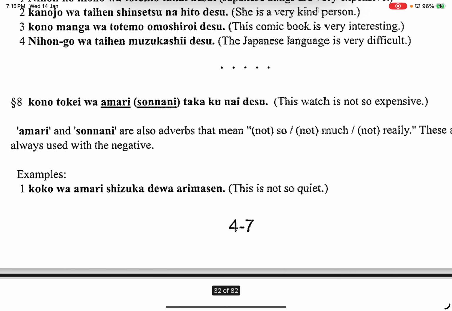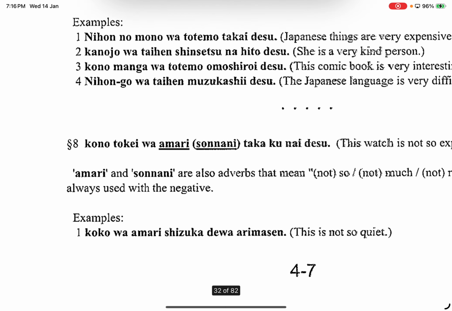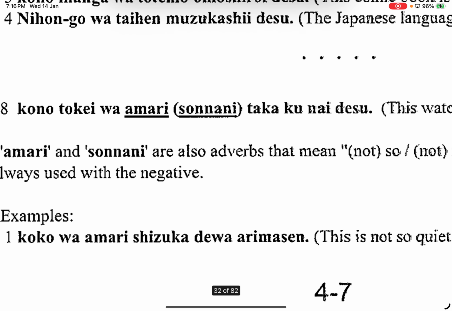The only difference between just now the totemo and taihen versus amari and sonnani is that the adjective that follows after it must be negative. So in this case we have amari takaku nai desu. So we have to use the negative form after amari and sonnani.